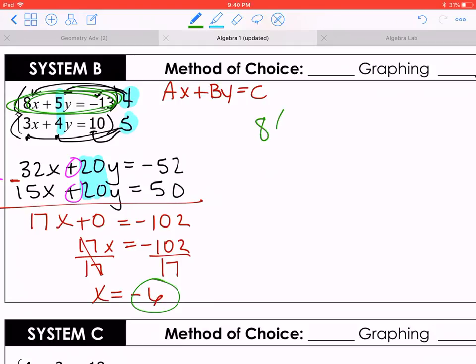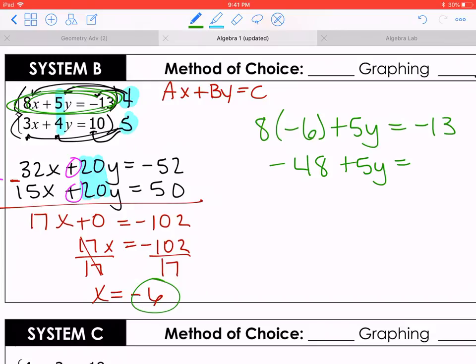So 8 times negative 6 plus 5y equals negative 13. 8 times negative 6 will give me negative 48 plus 5y equals negative 13.